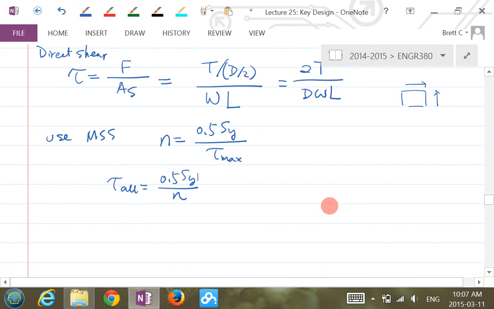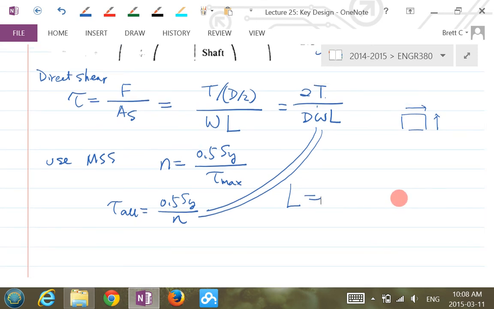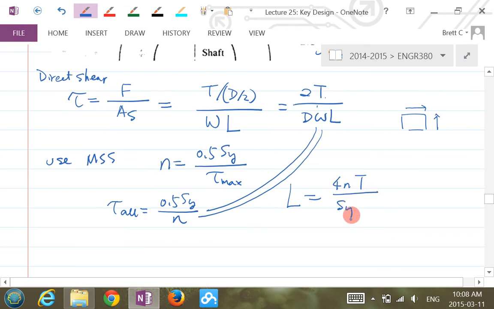And the boundary is basically set this equal to this, and then let's see what we get. So when you set this equal to this and solve for L, what do we get? L equals 4nT over SyT and dW.